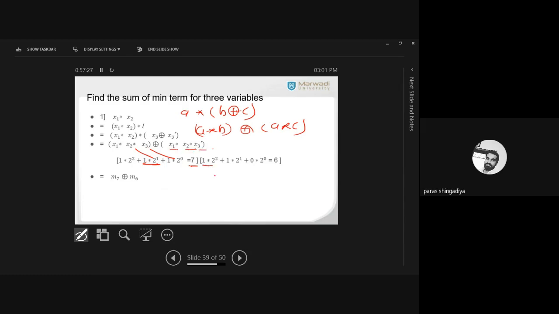So x1 represent 1 into 2 raised to 2, x2 represent 1 into 2 raised to 1 and x3 dash will represent 0 into 2 raised to 0. Clear, so total will be 6. And now final answer it will be m7 ring sum m6. ठीक है, फर्स्ट ब्रैकेट का आंसर होगा m7 और सेकंड ब्रैकेट का आंसर होगा m6. Clear, that is for first example.